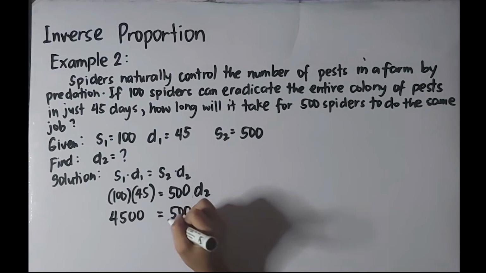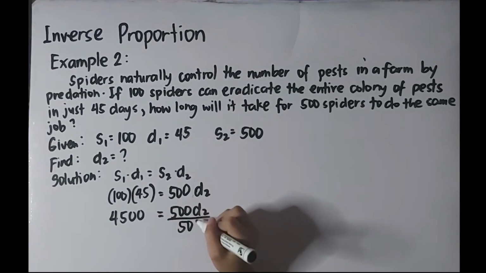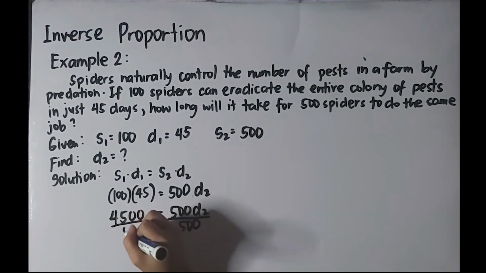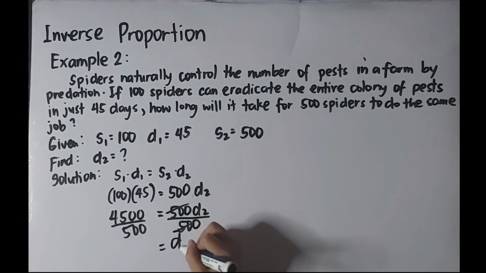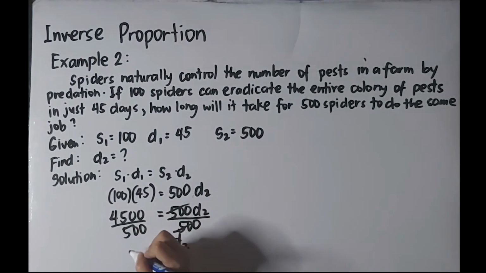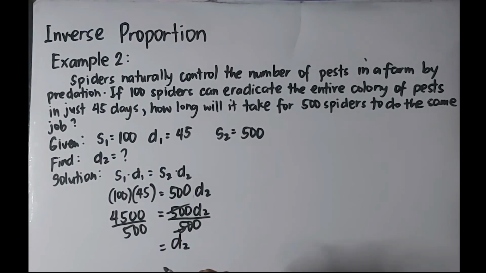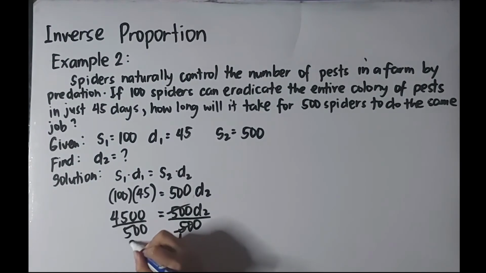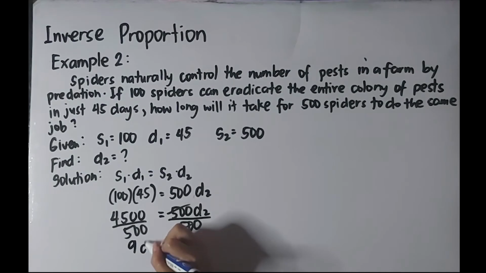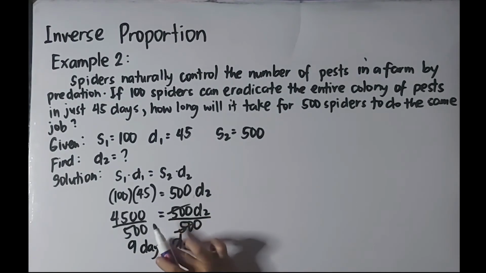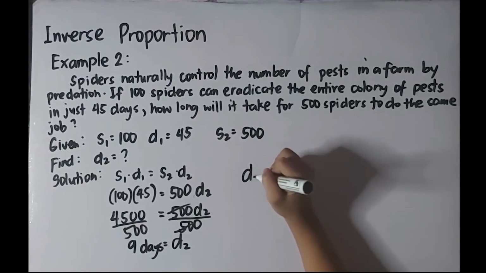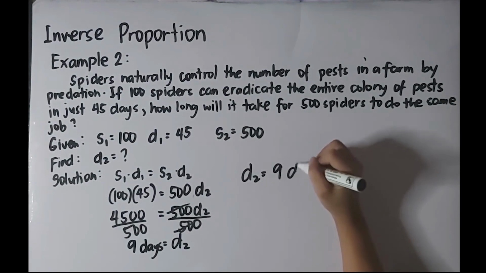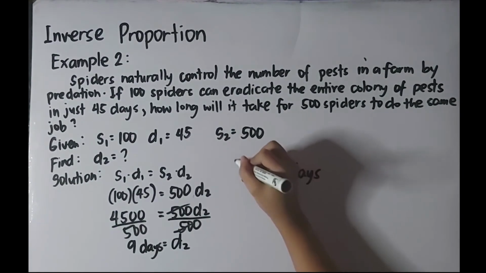So to get the value of D2, we have to divide both sides by 500. So 500 divided by 500 is also 1. So simply D2 equals 4,500 divided by 500, which equals 9. So this means that the answer is 9 days.